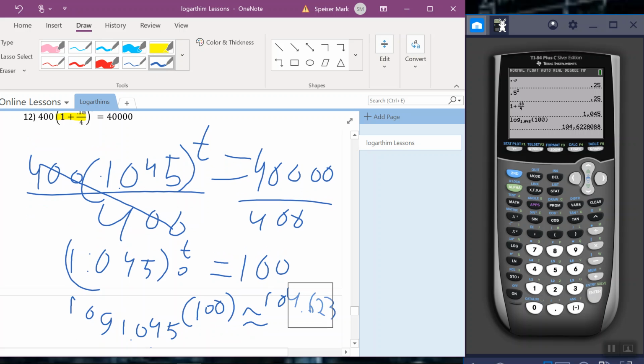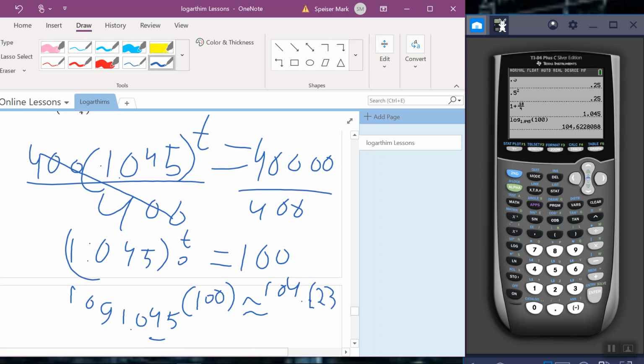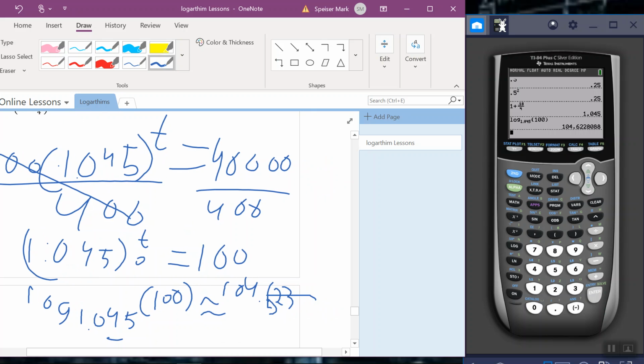Okay. If you want to check your results, you can. I'll go over that in a different example. If you want to check that, you could type everything into the calculator.